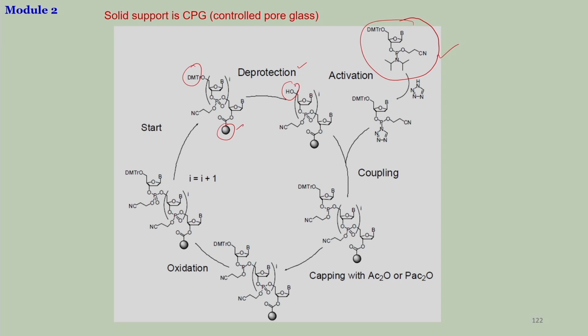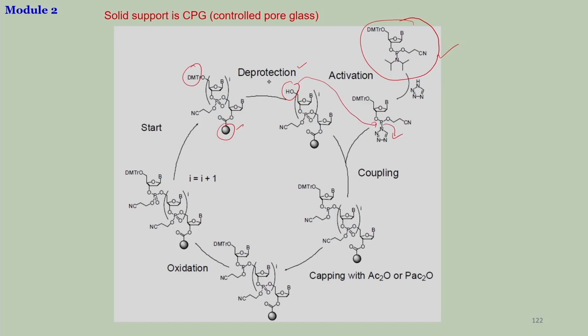This OH is free and it can act as a nucleophile, so it can react with this phosphorus. Before that, this molecule is stable, so you need to activate it, and that is done with an activating reagent like this. It will activate, and then this OH will react with this phosphorus, clipping this group out.